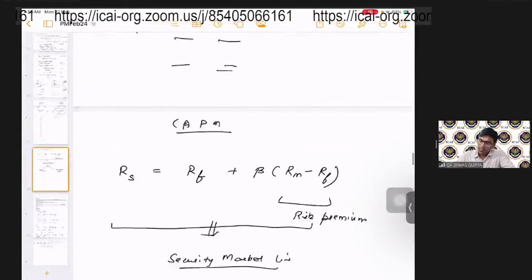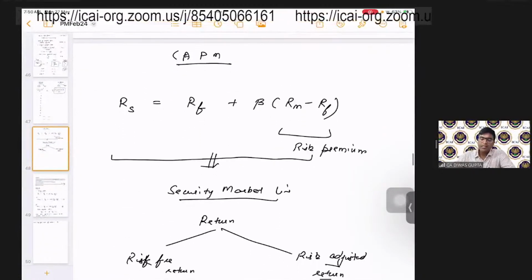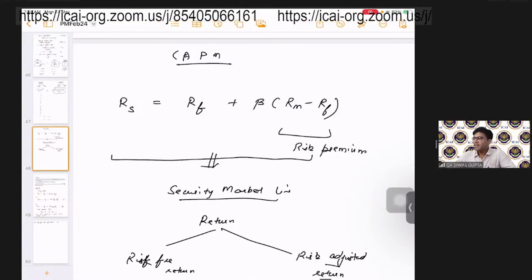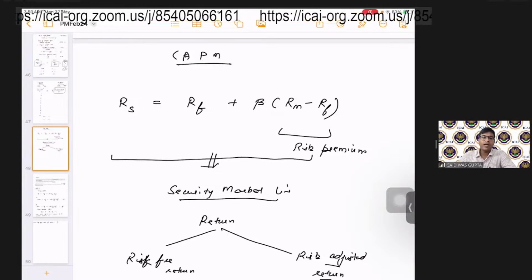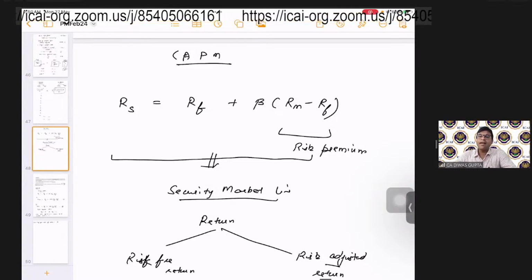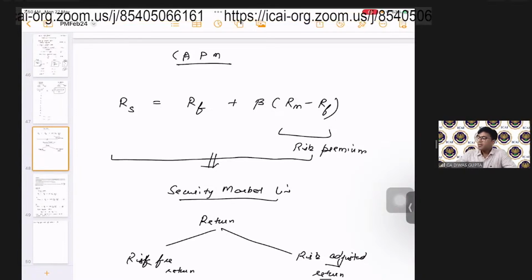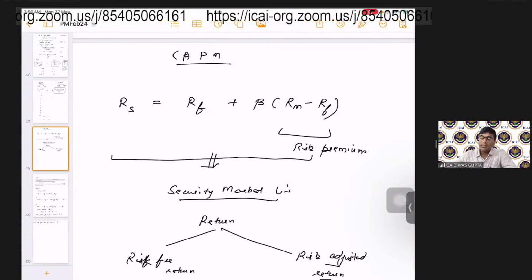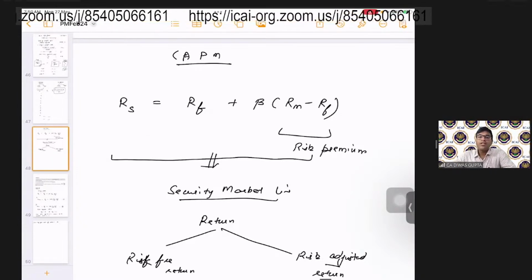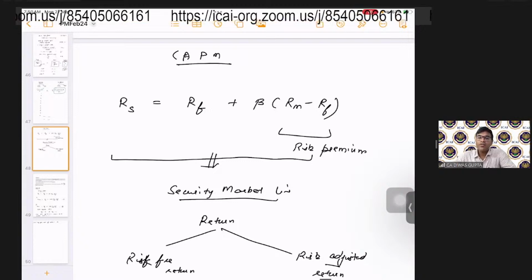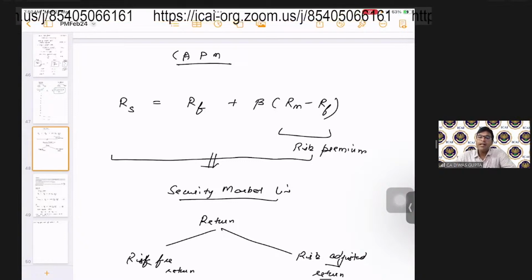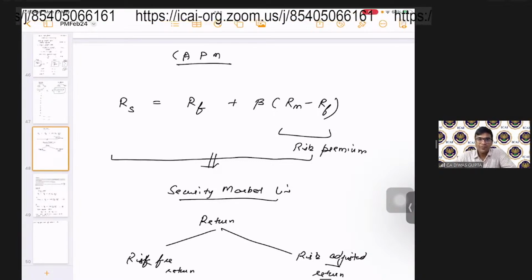Yes. Now let's come to CAPM, which is the capital asset pricing model, students. This is a relatively easier aspect, wherein we said that the return of a security is a combination of two things. One is the risk-free rate of return plus beta into RM minus RF, right?